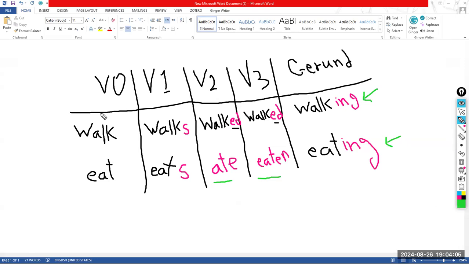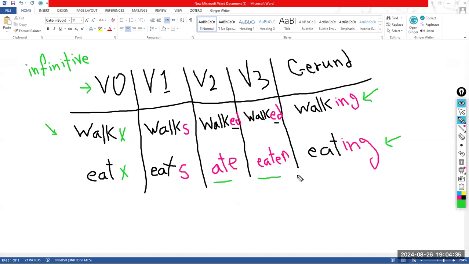Okay. Please don't forget, guys, that the verb 0 is the infinitive of the verb. When I say infinitive, you don't have to add anything at the end of the verb. You have to add nothing. No s, no es, no ies, no d, no ied, no ing, nothing at all. So if you don't want to add anything at the end of the verb, this is infinitive or called verb 0.